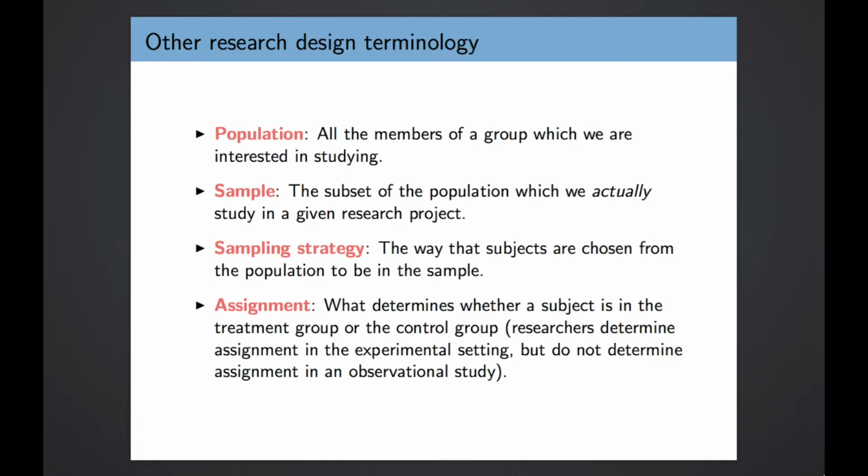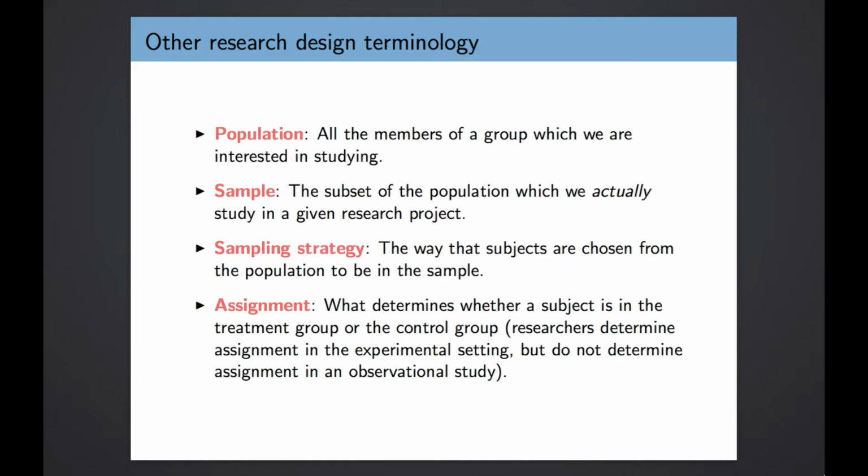A sample is a subset of the population that we actually study in a given research project. So, for example, let's say that I want to give a survey to collect data on my population. If I want to study the United States adult population, I'm not going to be able to get my survey into the hands of every adult in the United States. It would cost way too much for me to give out tens of millions of surveys.